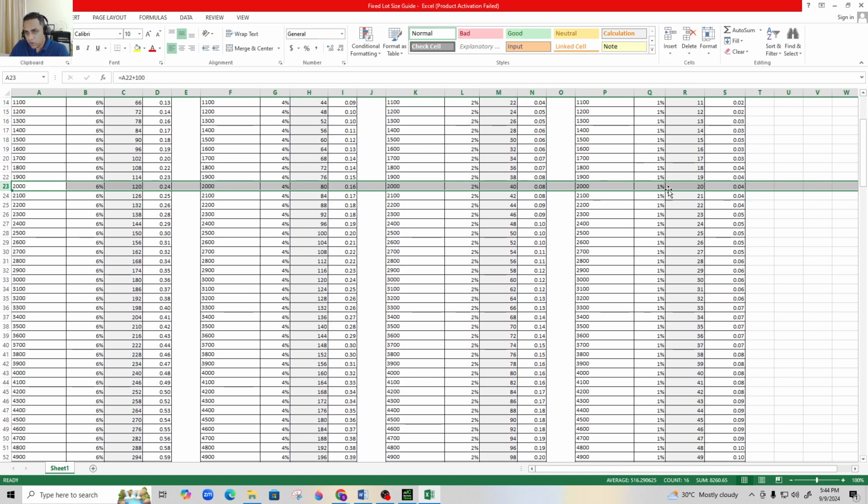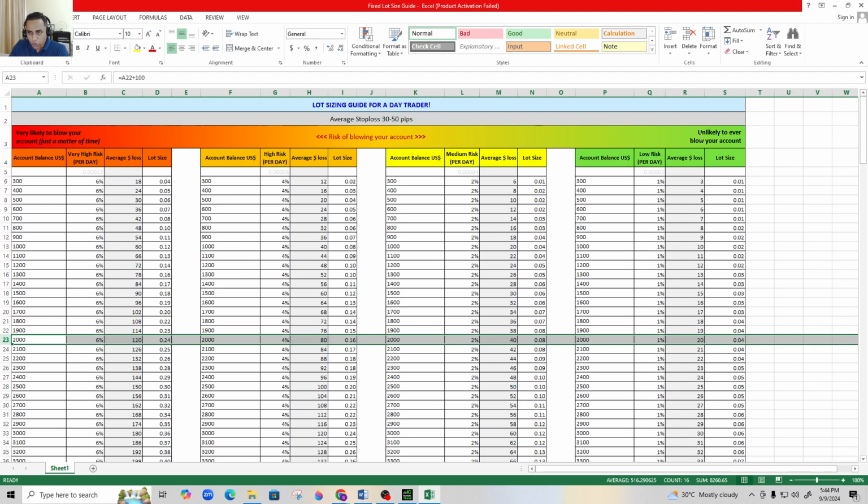Now that's one way to do it. If I'm risking 2%, then I can take about 0.08, right? But keep in mind, the further you go away from this, the higher the chances are of you losing a larger part of your account if you have continuous losses, right?